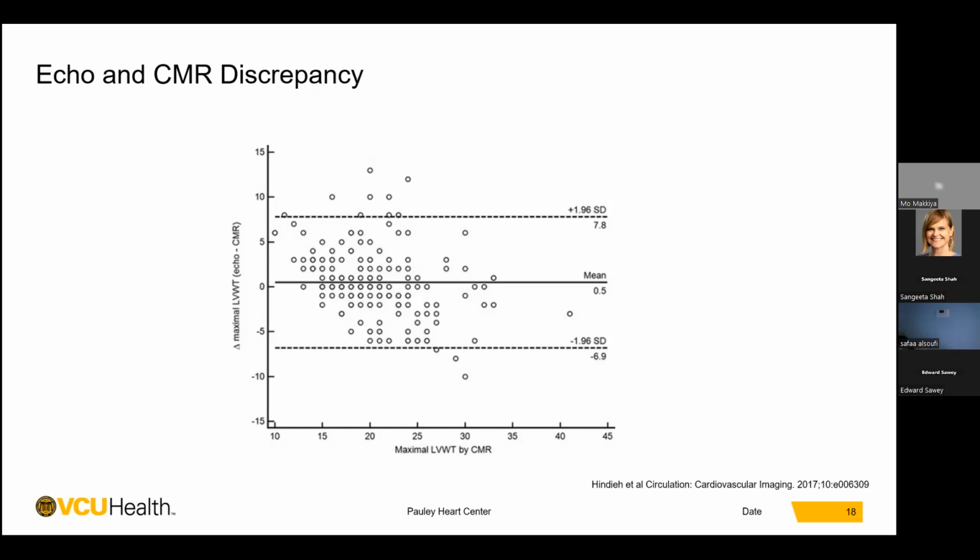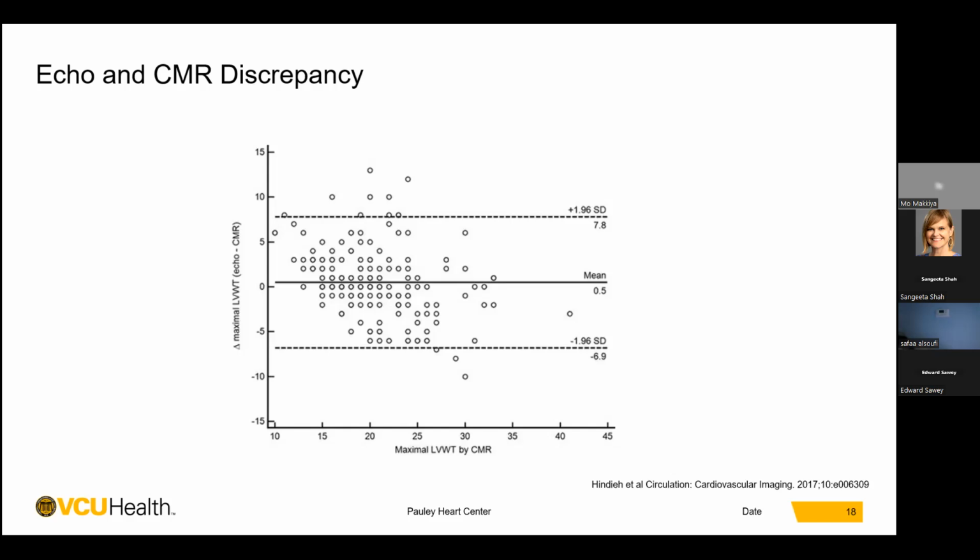This is a Bland-Altman figure for this study, showing the distribution of disparity between echocardiography and cardiac MRI along the full range of measurable LV wall thickness.